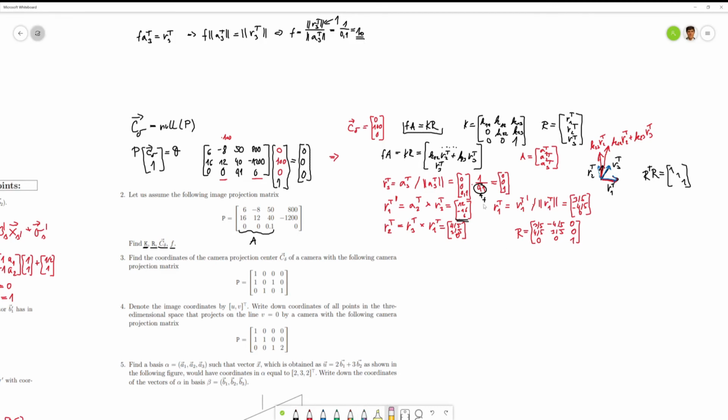The last unknown is the upper triangular matrix K. As FA equals KR, we can write FAR transpose equals K. So if we assign the values, K will be the matrix 100, 0, 0, 0, 200, 0, 500, 400, 1.